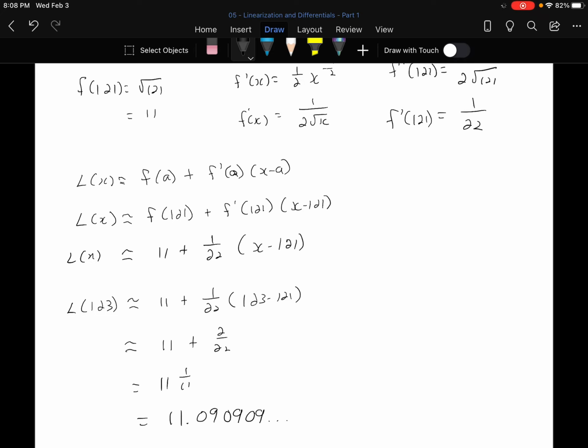And the question is, how good an estimate did I do? Now, in the big picture, I want to establish that that was a pretty easy calculation. If I told you before this even started to do the square root of 123 in your head, you might be good enough to go, well, it's 11 point something, but that's probably the best you could do, a little guess after that. Now, with a little bit of algebra, I can get a really good estimate to the square root of 123.